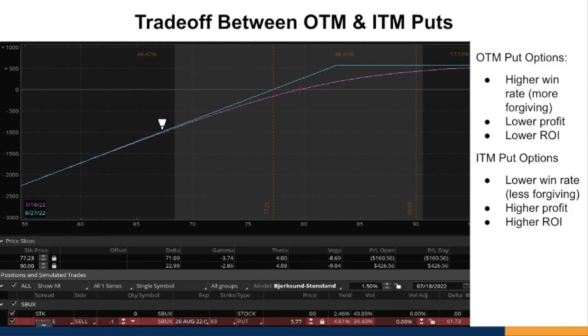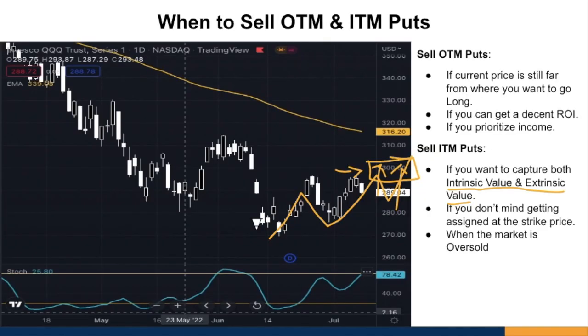Maximum loss is $1,000 on this trade. Then I look at the point where I will lose $1,000, which is down here. It tells me that if the market goes down to around $67, somewhere between 65 and 70, I am going to cut my loss immediately. I'm not going to hold on to this trade and see what happens. This is if you do not plan to get assigned on the shares.